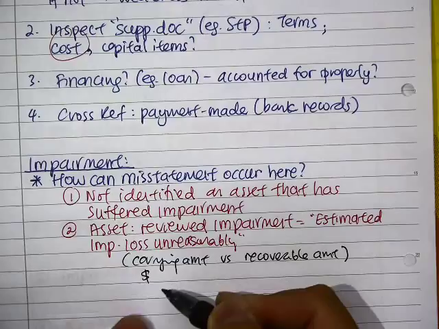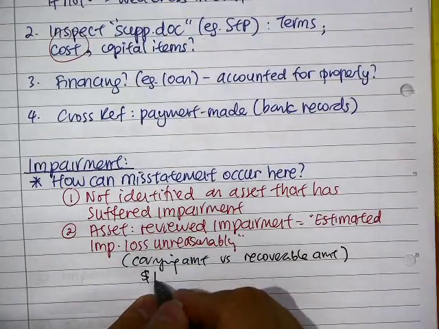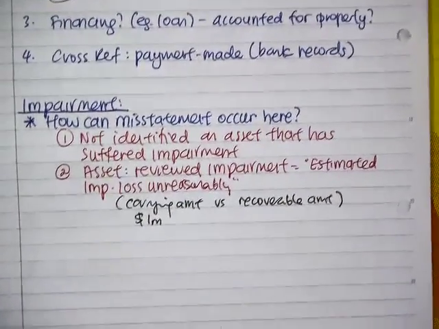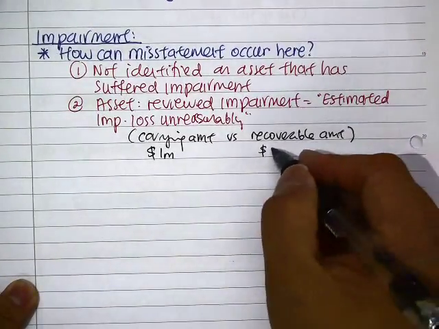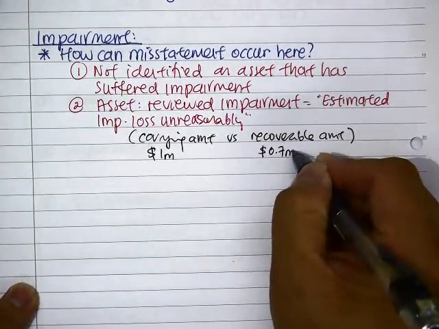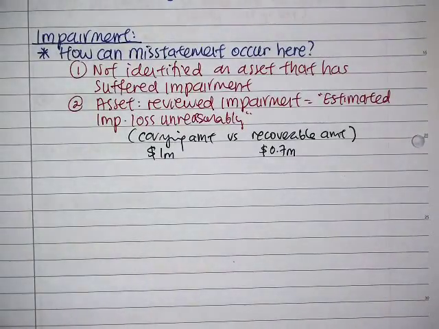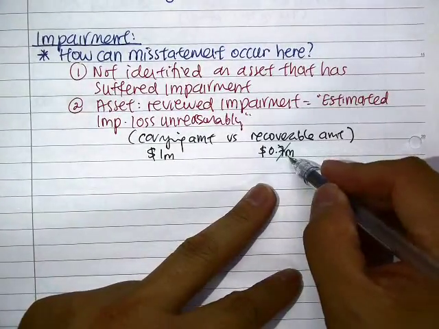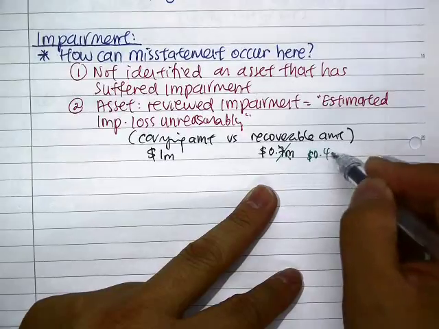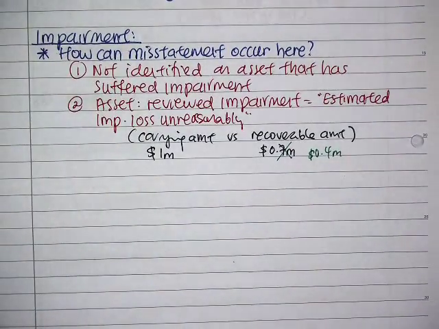Now I have an asset, the carrying amount is 1 million, and if we estimate the recoverable amount is, let's say, 0.7 million, is there an impairment? Yes, definitely. But is there a possibility that actually it's not 0.7, actually it's 0.4? Why not? Correct. Anything you can make a mistake in the account.